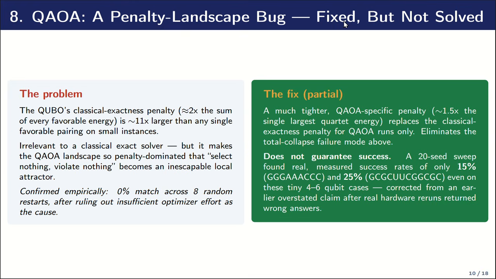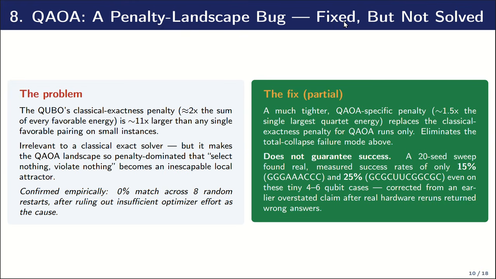So, switching to IBM and QUBO, the first problem I hit: the same penalty weight I used for classical exact solving, sized to guarantee correctness no matter what, turned out to be about 11 times larger than any single favorable energy in these small problems. That's fine for a classical solver that searches exhaustively.